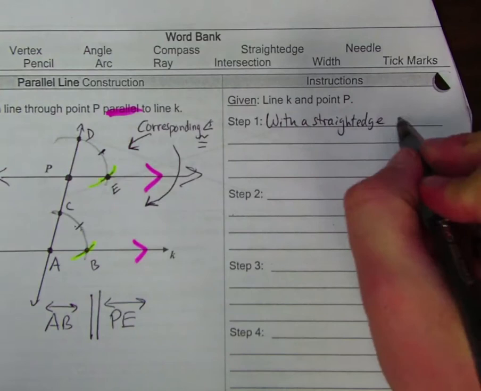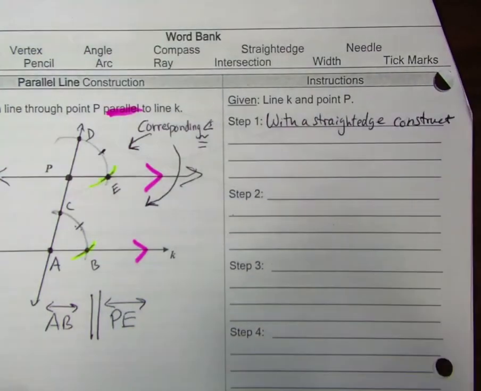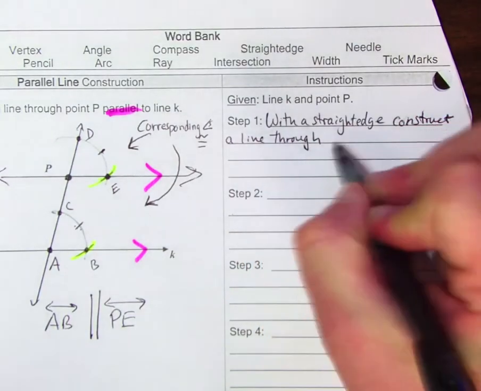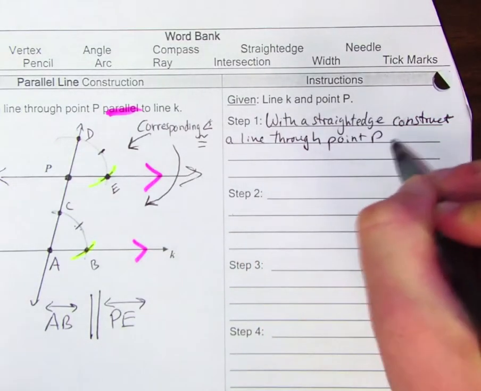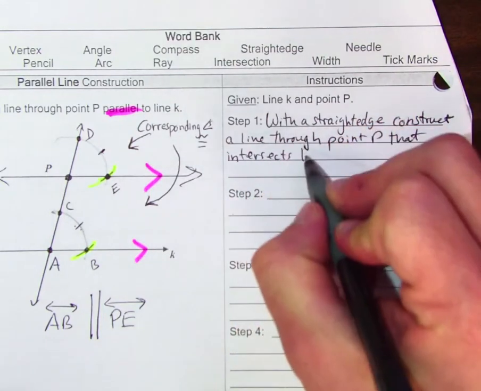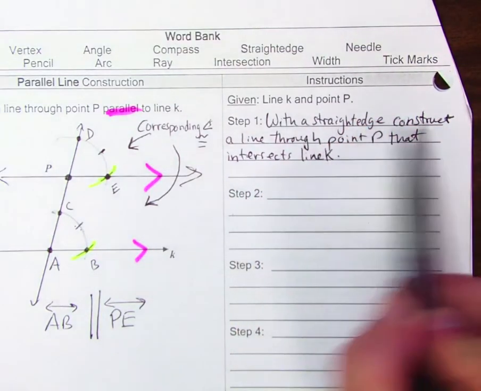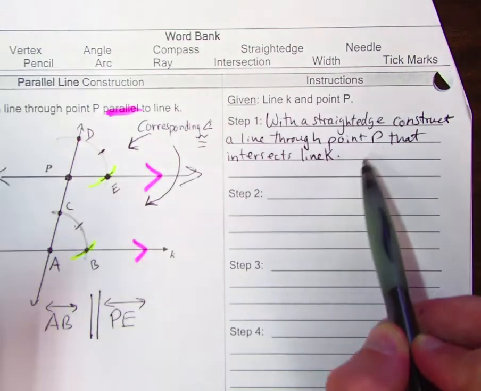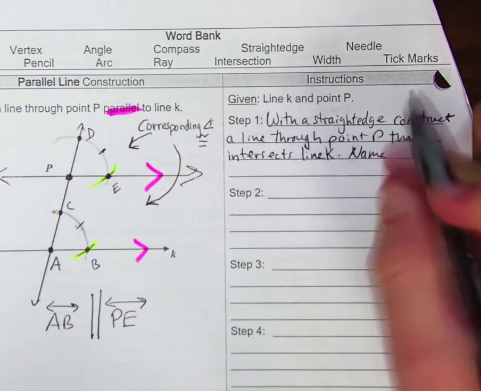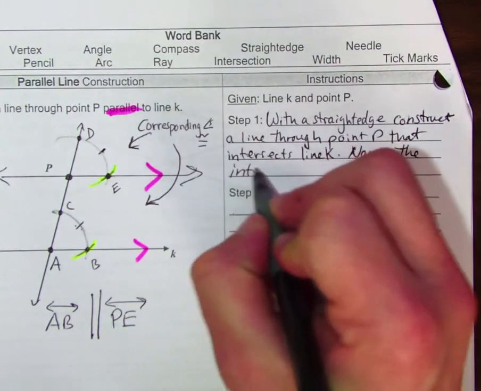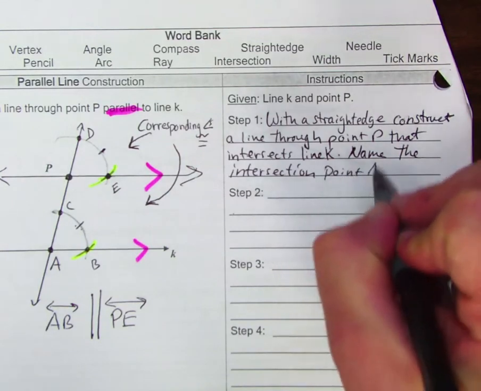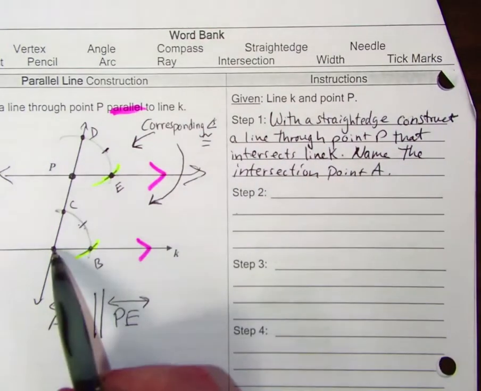With a straight edge, construct a line through point P that intersects line K. We're going to name the intersection point A right here, where that happens.